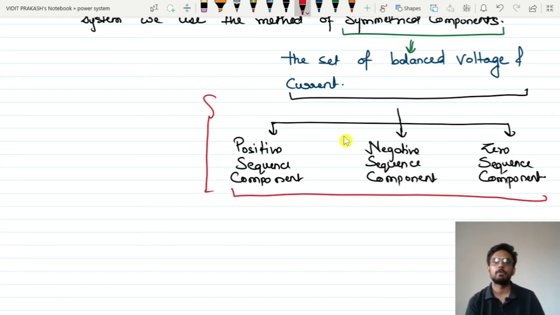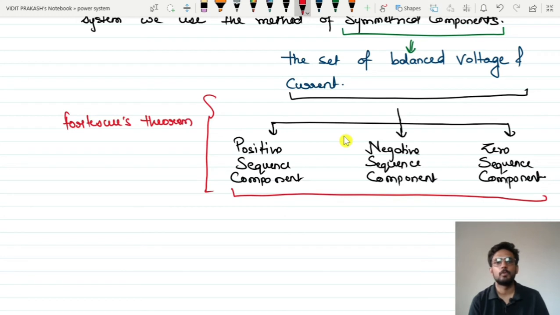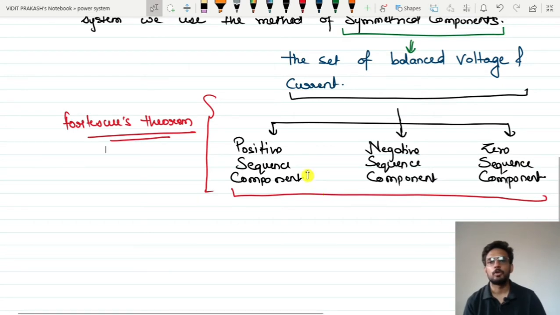And with the help of the Fortescue theorem, we will analyze the unbalanced voltage and current with the help of all three components.